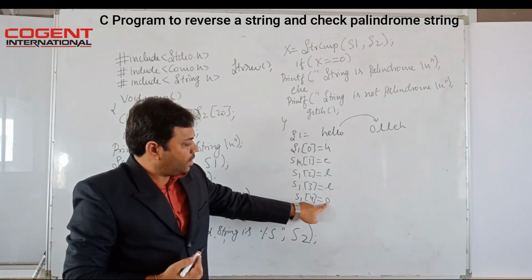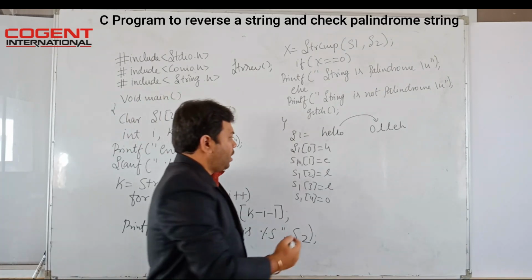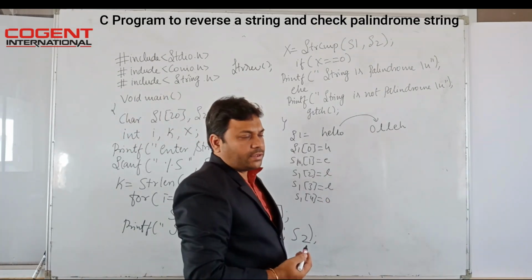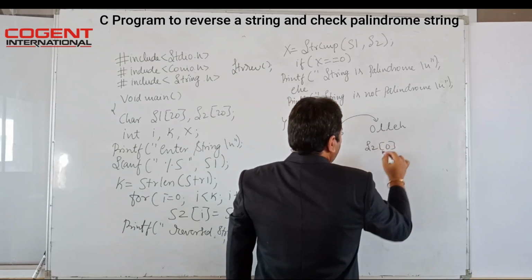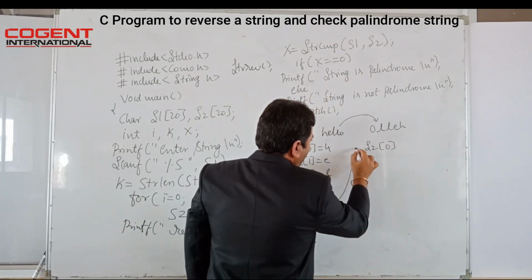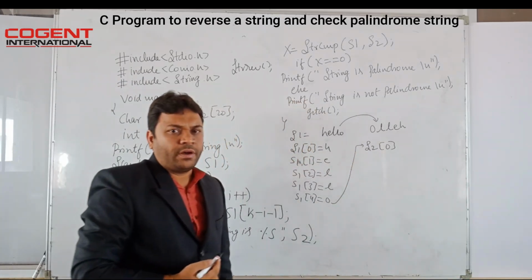Now how are we going to reverse this string? I'll consider the last character. I'll take another string array, that is s2. The last element is copied into the first element of string 2.